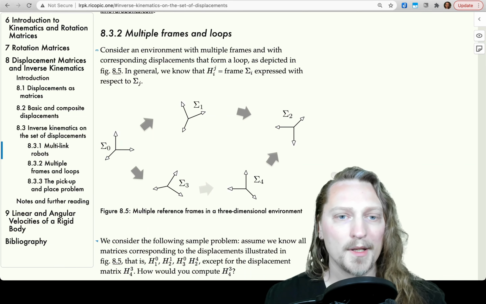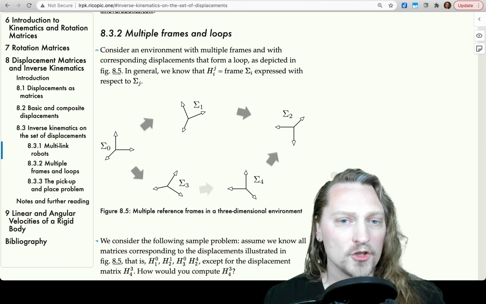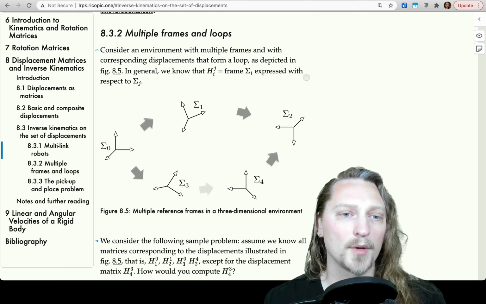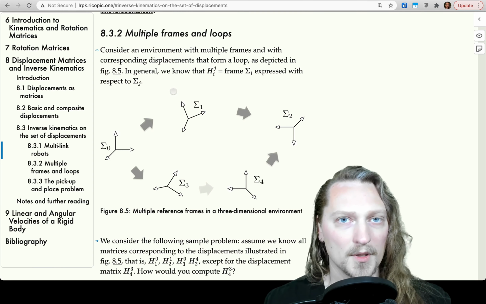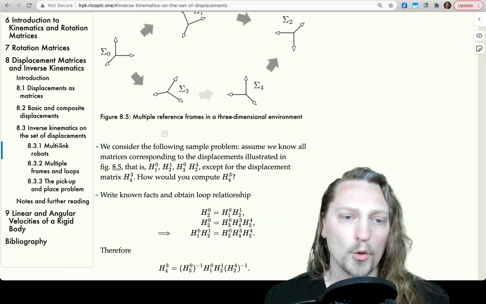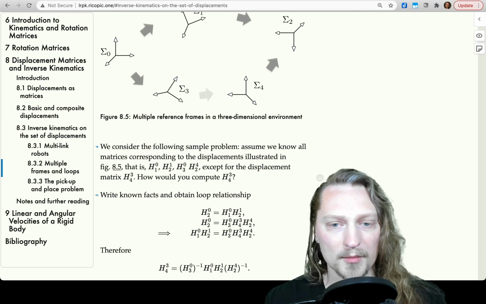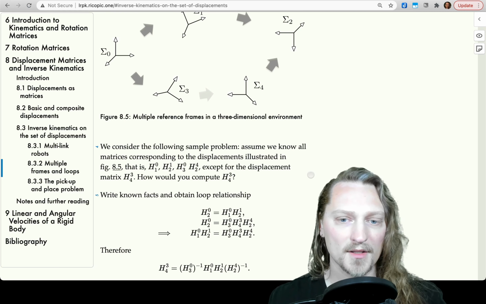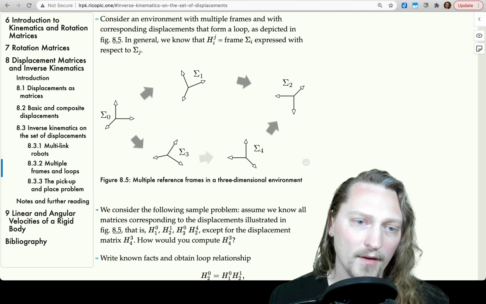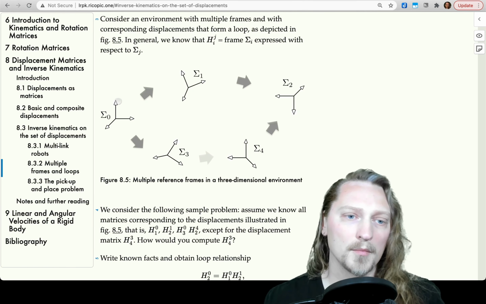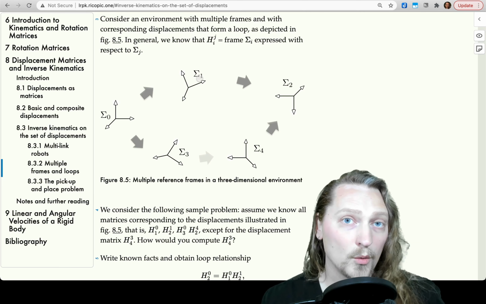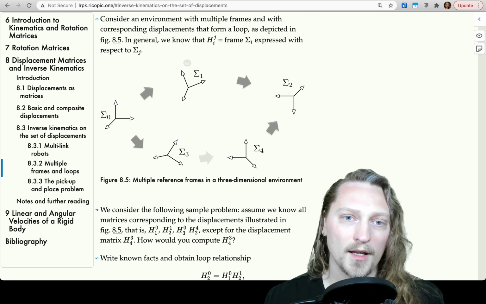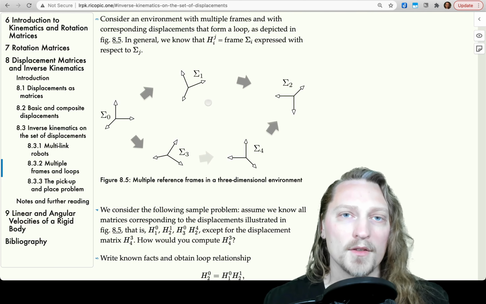In general, we know that H_i^j is equal to the frame sigma i expressed with respect to sigma j. We consider the following sample problem. Assume we know all matrices corresponding to the displacements illustrated in figure 8.5. So we know how to go from sigma 0 to sigma 1 with H_1^0. Okay, H sub 1 super 0.